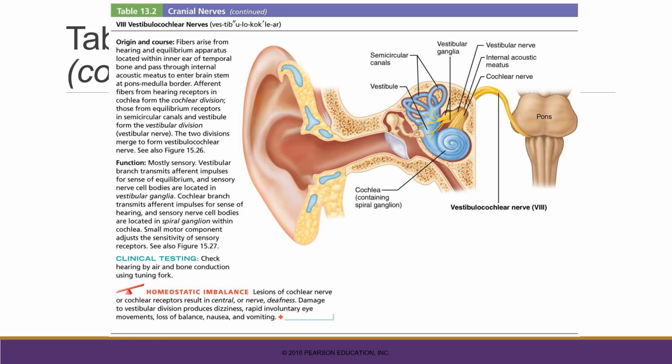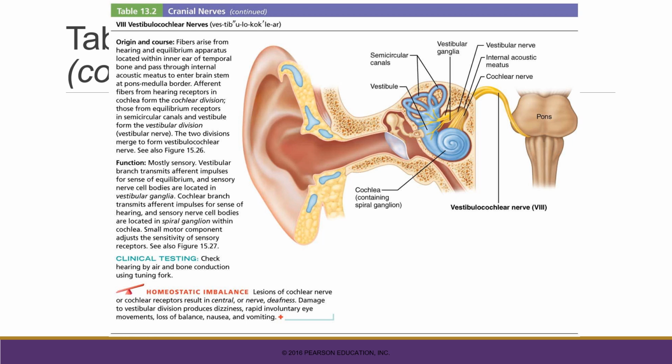Those from equilibrium receptors in semicircular canals and vestibule form the vestibular division. We'll get into the vestibular system as a whole PowerPoint in and of itself, so we'll talk about the semicircular canals and make that a whole lot clearer because that's an important aspect of neuro rehab. The two divisions here merge to form the vestibular cochlear nerve.